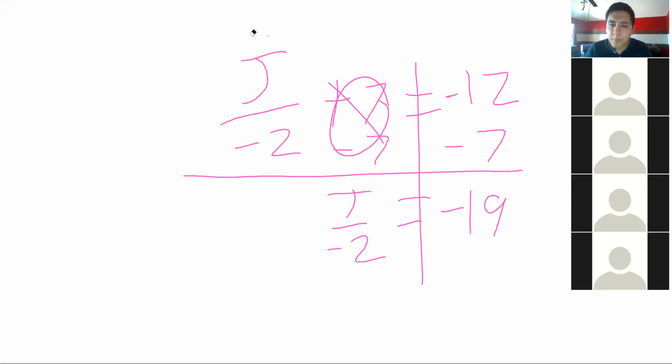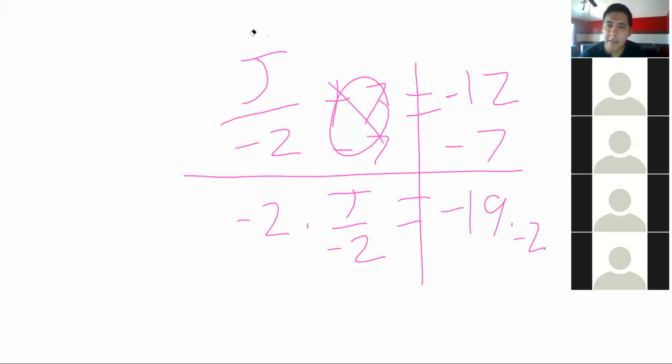But anyways, now we have j divided by negative 2 is equal to negative 19. And obviously we should have practiced this yesterday in one-step equations. But what do we do to cancel out that negative 2 and leave j by itself? Multiply by negative 2. Actually, in this case, we're going to multiply both sides.